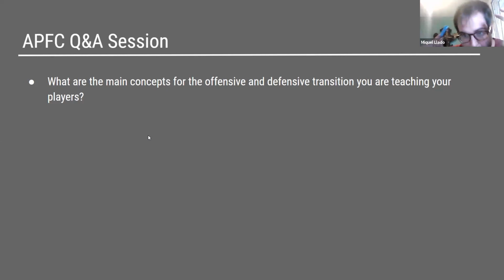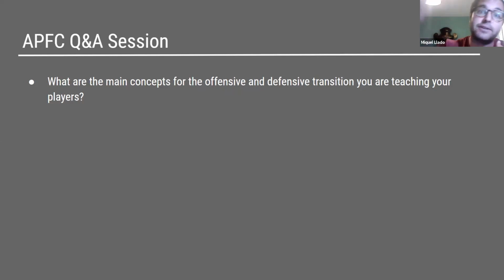Those are the main ideas, general ideas to understand both transitions. We can explain them from a collective point of view, but at the end of the day, there's only one player that loses it, there's only one player that recovers it, and what they really need to be aware of is the space available to counterattack or keep it, in the case of transition defense to attack, or how many players are surrounding me.